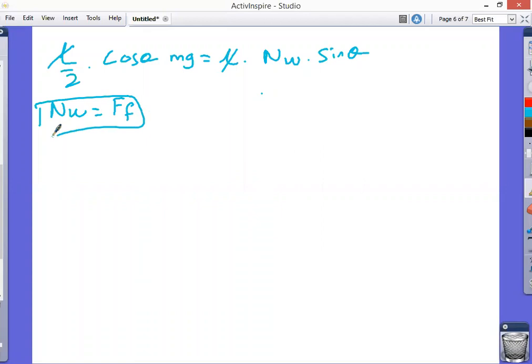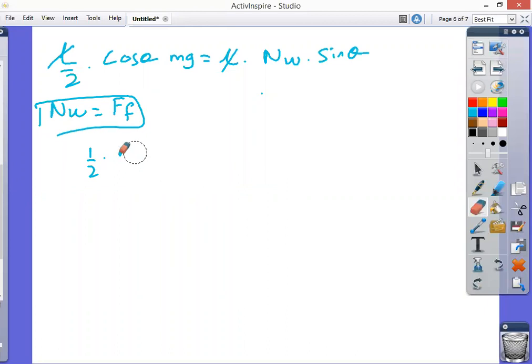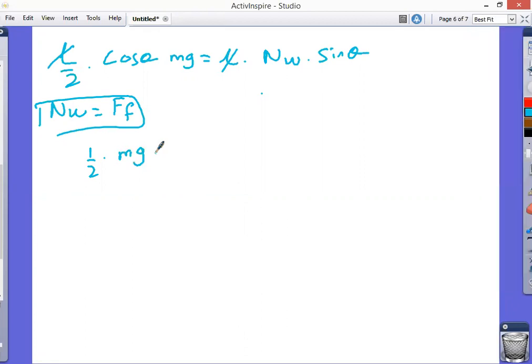Let's put the sine theta and cos theta on one side: 1 over 2 times mg, over the force on the wall, equals sine theta over cos theta.